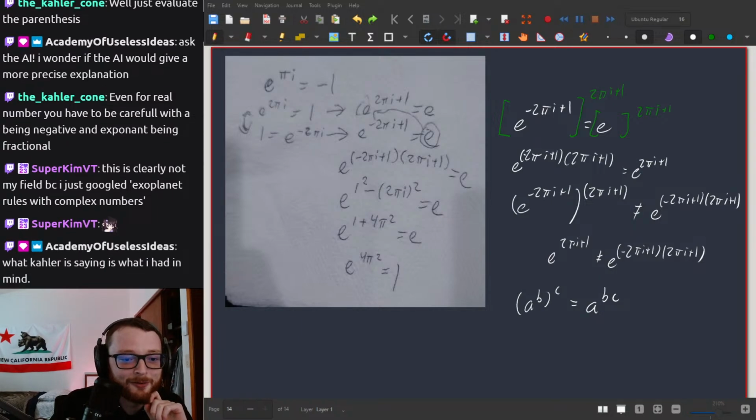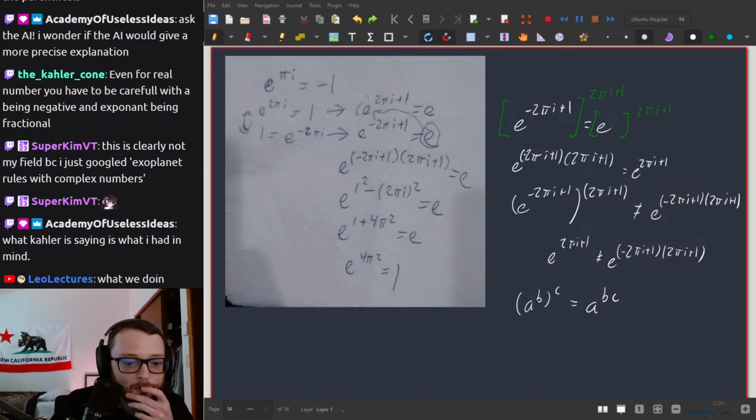Surely they talk about the basic rules for algebra with complex numbers, right? What is this book called? Ablowitz and Fokas. Find it eventually. Here it is.